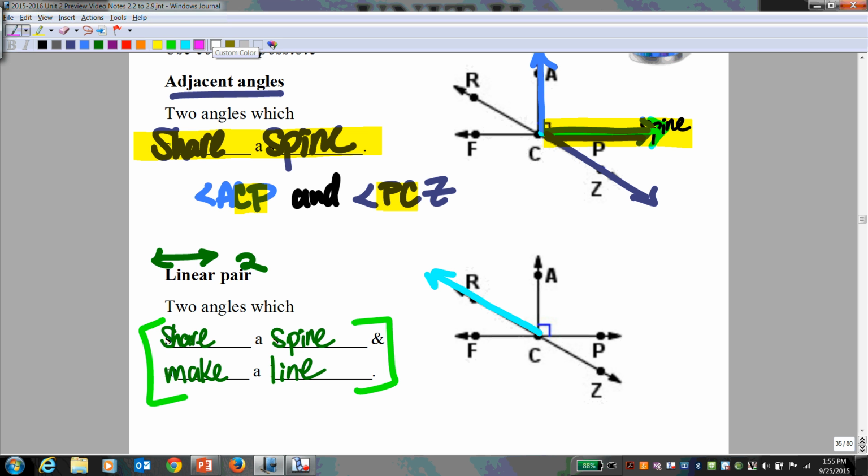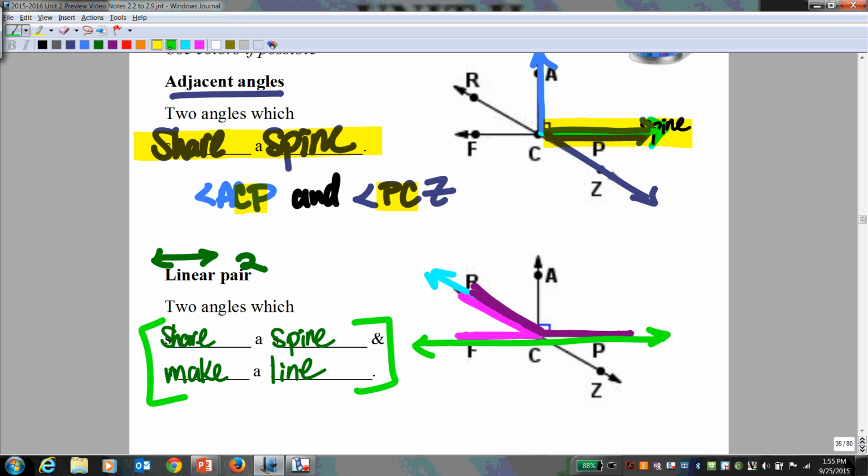For example, could you trace, please, FCR and now trace RCP. Do it again, physically trace it. FCR, RCP. They share a spine and they make a straight line.